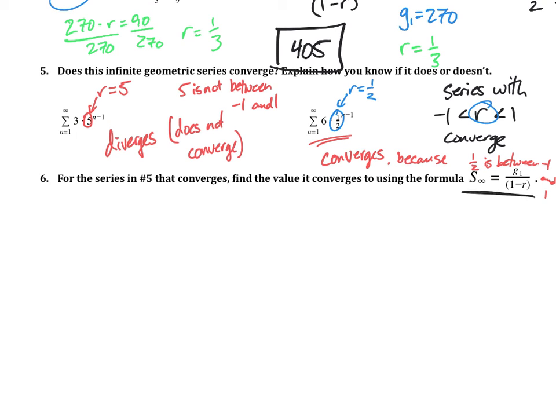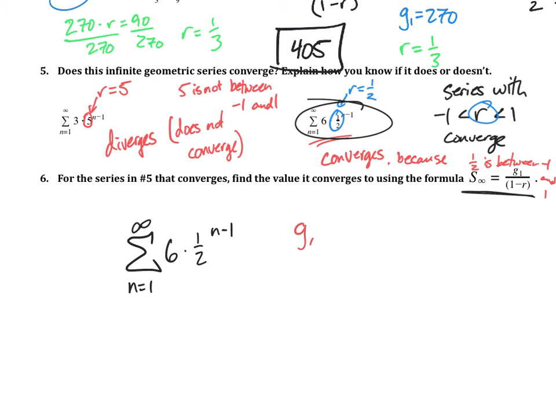We're going to use this formula. The only series we can use is this one because it's the one that converges. So let's just rewrite it really quick. Okay, all we need to know for this problem is G1 and R. G1 is 6 because it's what's written right here.